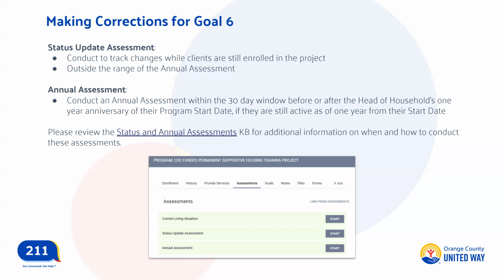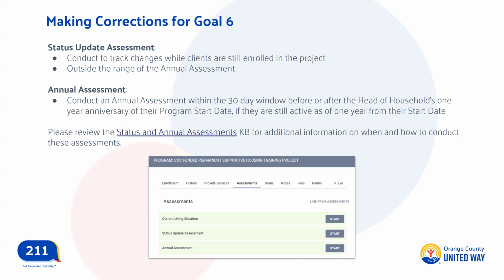Thank you, Hannah. Before we move forward, I just want to share an additional note regarding annual assessments. It is included in the KB, but we do want to highlight, as Hannah mentioned, that the annual assessment should be conducted based off of the head of household project start date.